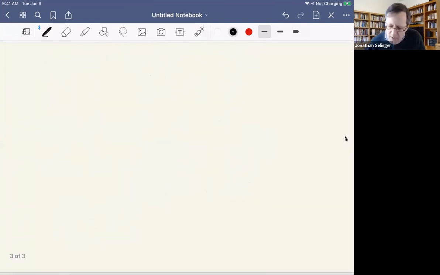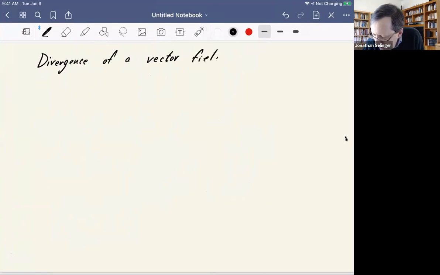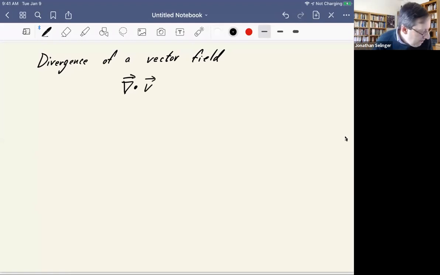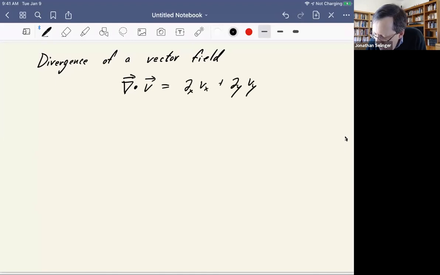We can do the same sort of thing for the divergence of a vector field. So for the divergence of a vector field, you know that there's a scalar, which is del dot V. So this is del x vx plus del y vy plus del z vz.